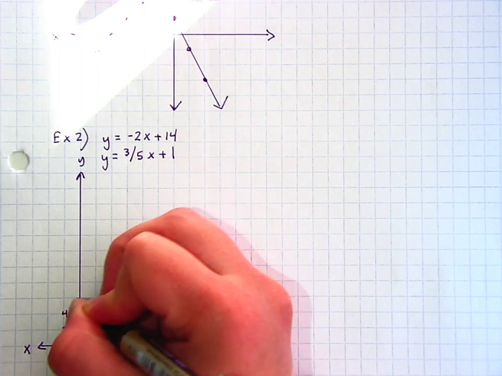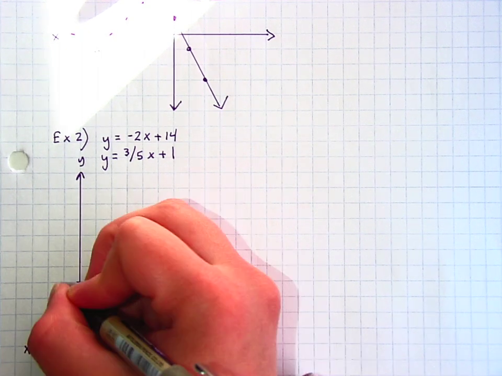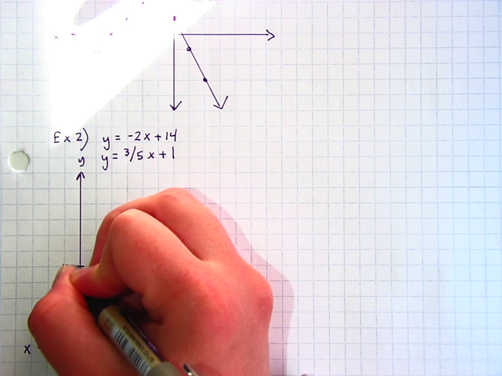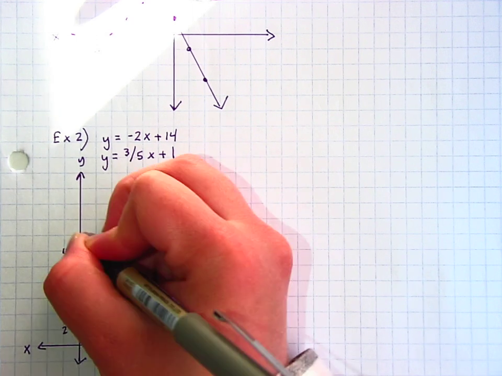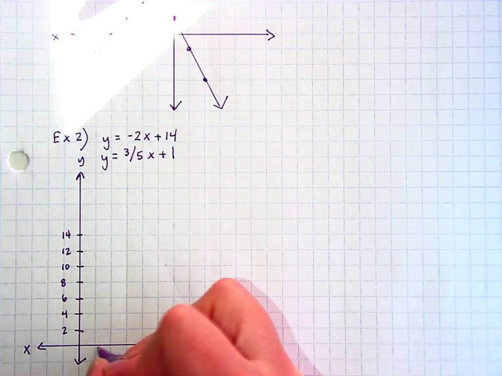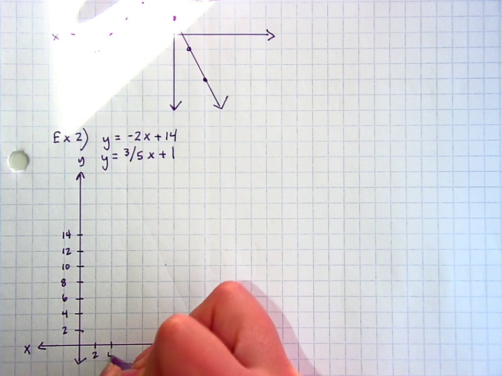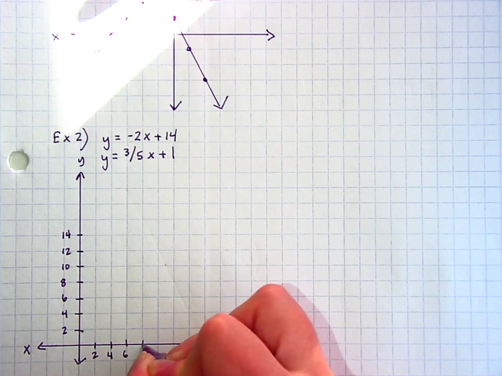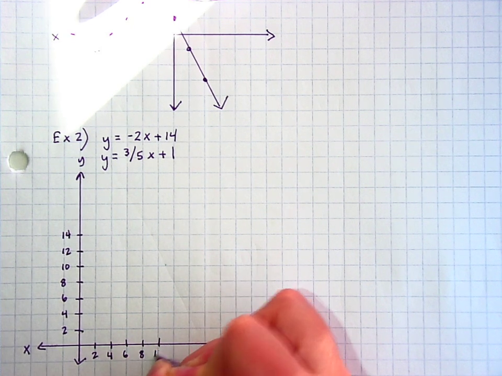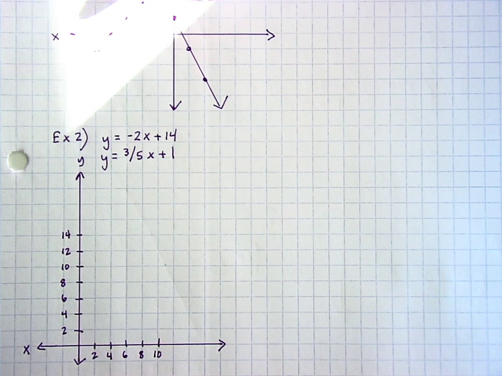And let's do a scale on both axes, because it's really hard to figure out a point of intersection or to figure out a slope when your scale isn't the same on the two axes. I don't mind when scales are different normally, but especially when you're graphing lines, it's really hard to figure out slopes and stuff like that.